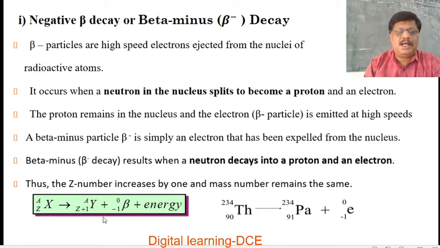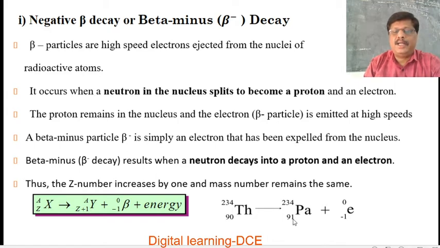This is the general equation, and the particular example is 90 thorium 234, which undergoes beta decay and becomes 91 protactinium 234. Here the atomic number of thorium, the parent element, is 90, but the atomic number of protactinium is 91.